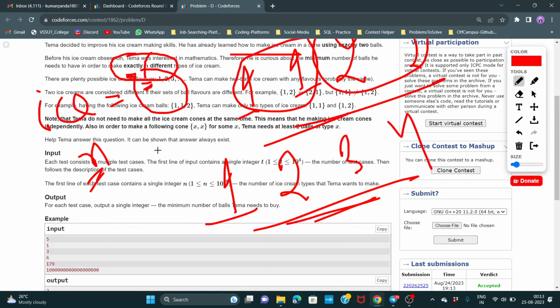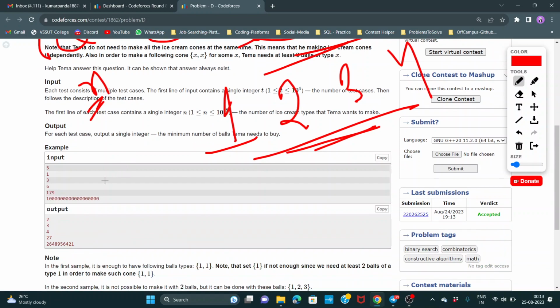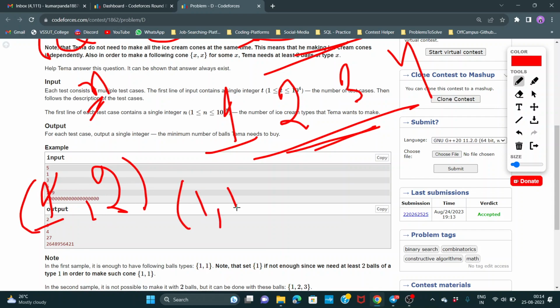So how do you distinguish between two ice creams? They are not exactly the same, because you can build an ice cream using exactly two balls. Just consider I am taking balls 1 and 2, and another with 1 and 1.